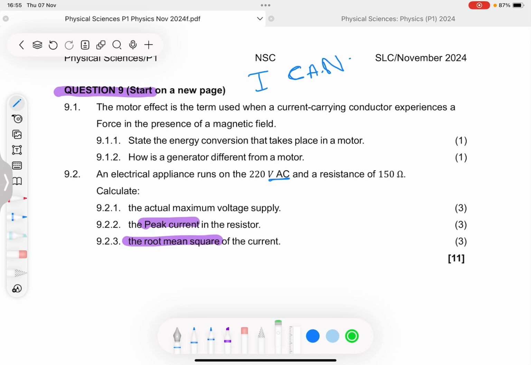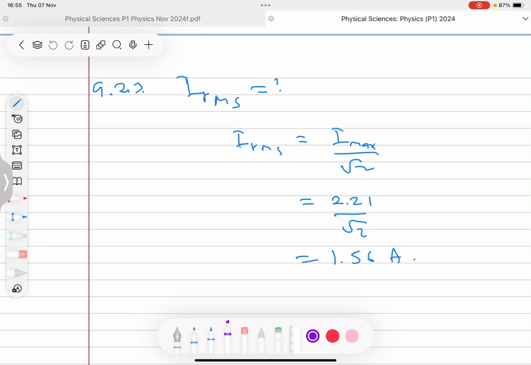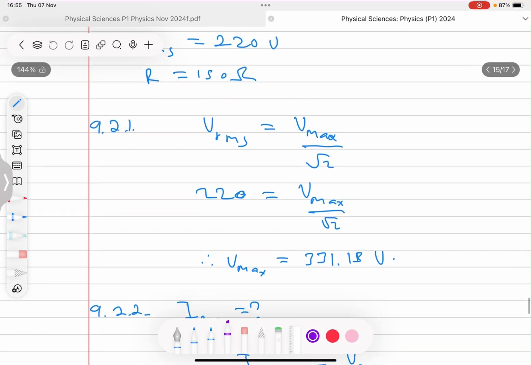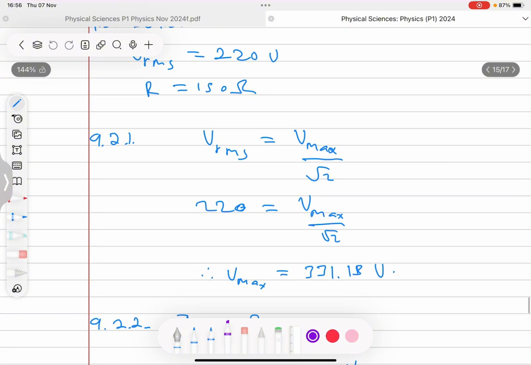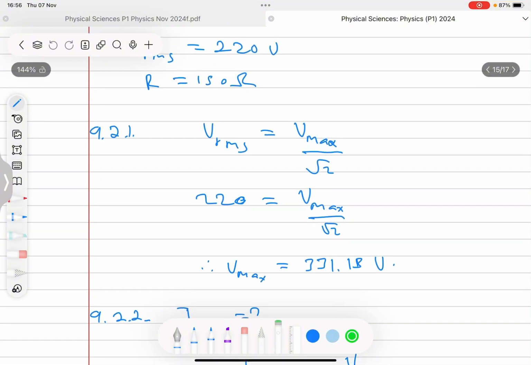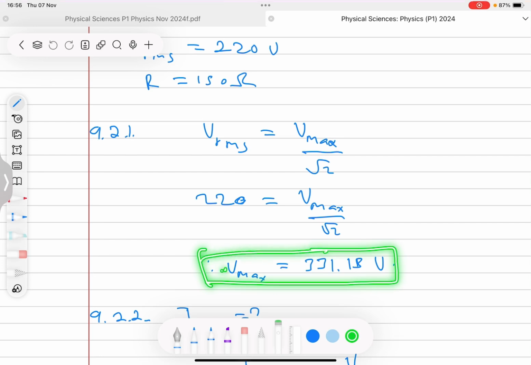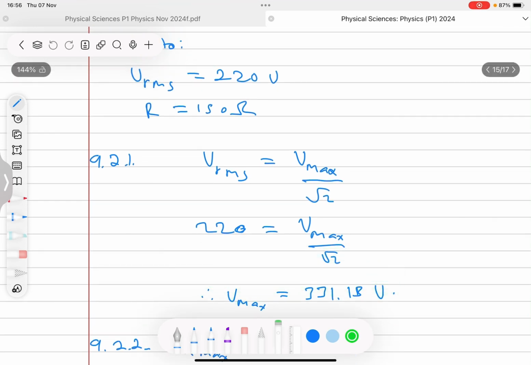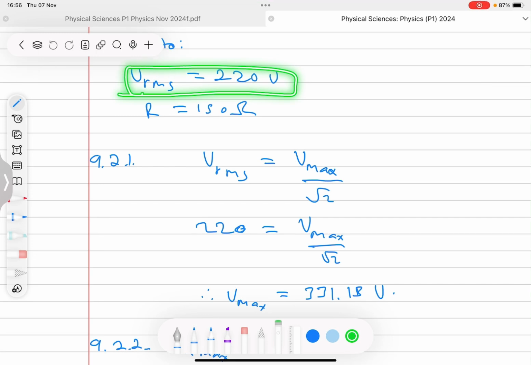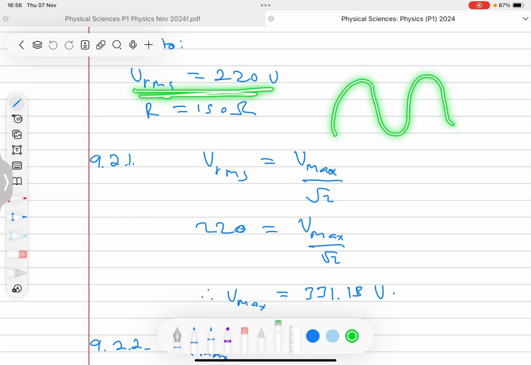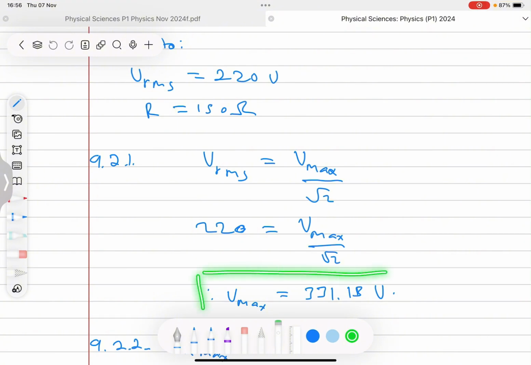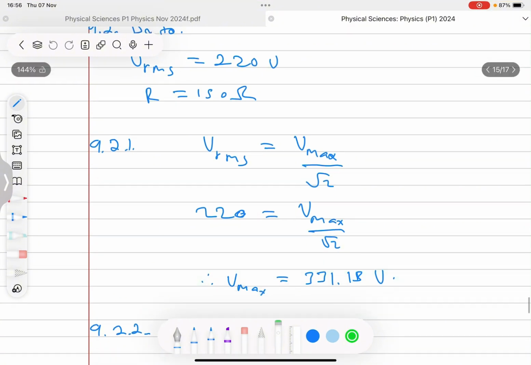In this case, what we do is check if our answer makes sense. I'm going to run quickly through these two answers. If you check the maximum voltage, we expect this value to be bigger than the VRMS, because VRMS is an average of the peaks that we have on our sine graph, but this is the maximum that you can get to.